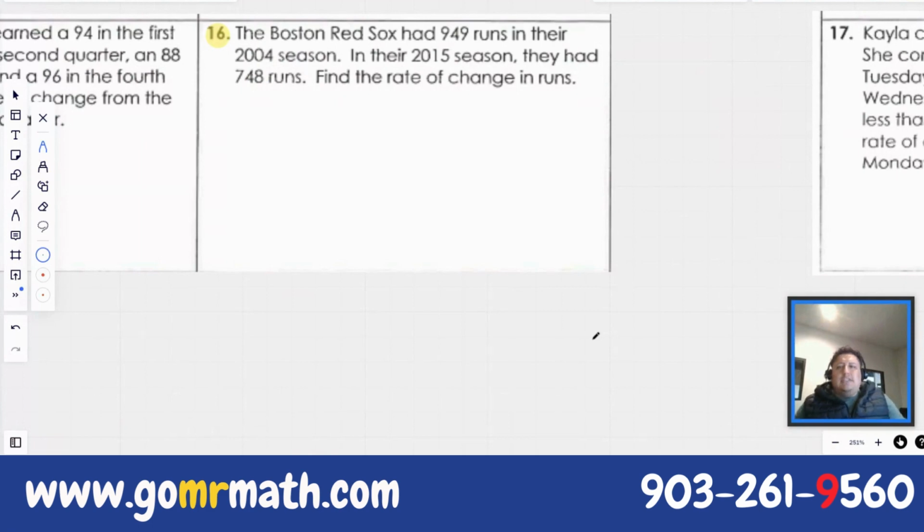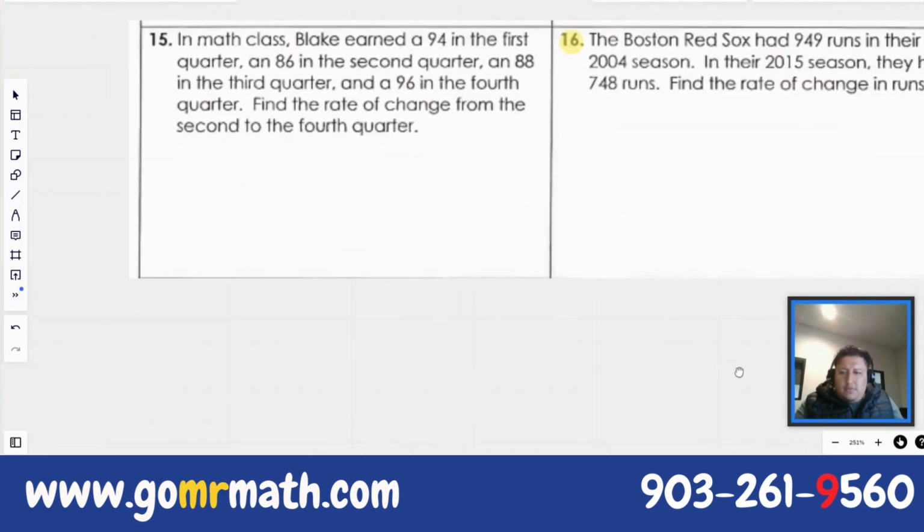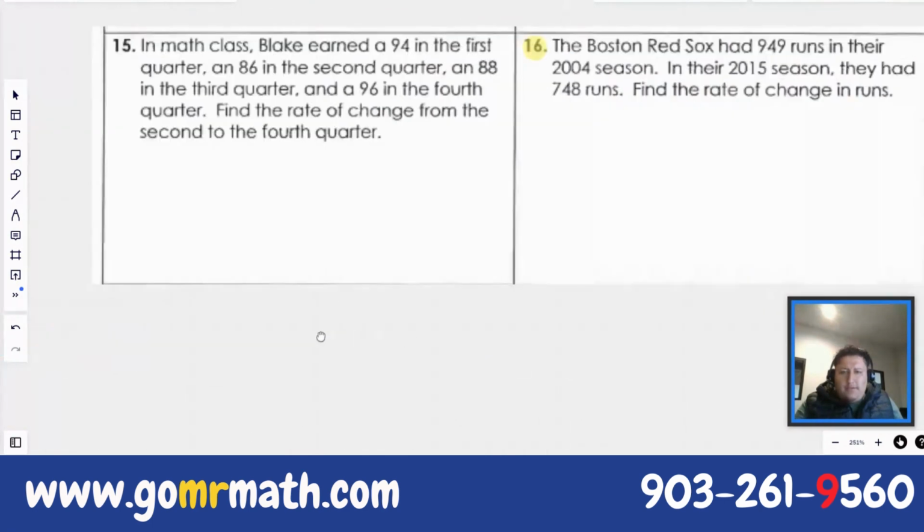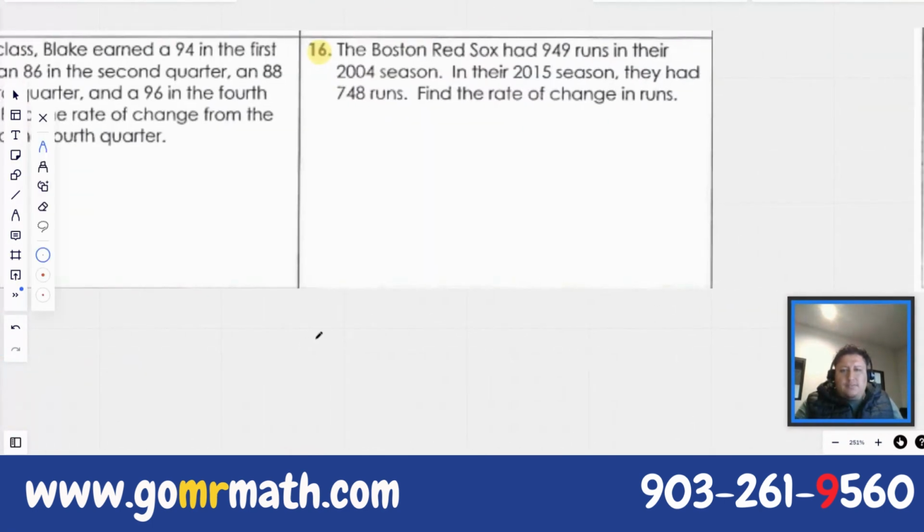Okay, let's go to this one, 16. Which is... did 14? Yeah, 14 is done. So 16. It says the Boston Red Sox had 949 runs in their 2004 season. In their 2015 season, they have 748 runs.